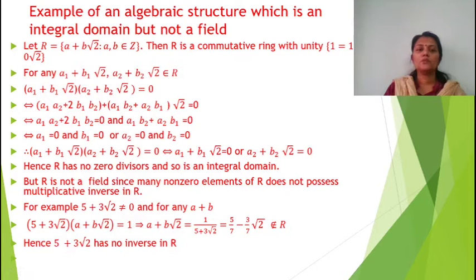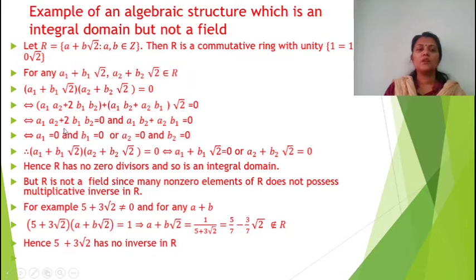Now, when we equate their product to 0, then a1 a2 plus 2 b1 b2 plus (a1 b2 plus a2 b1) root 2 is equal to 0. We can separate the rational part and the irrational part, root 2.